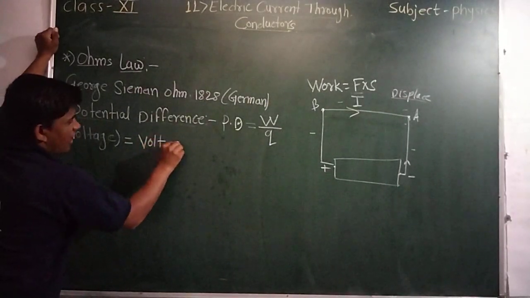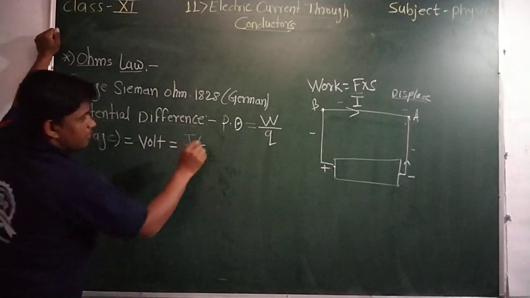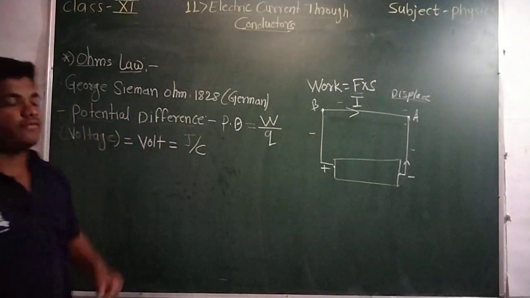The volt is also equal to joule per coulomb.